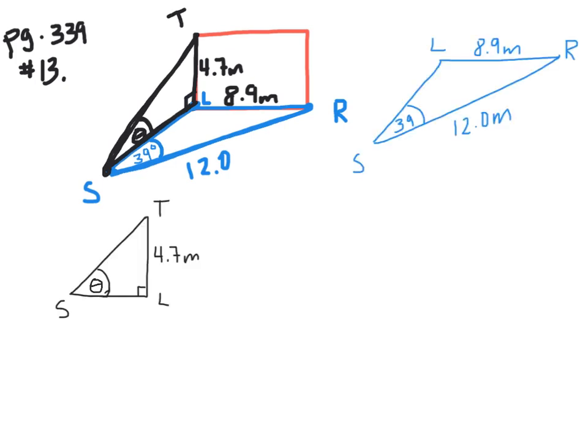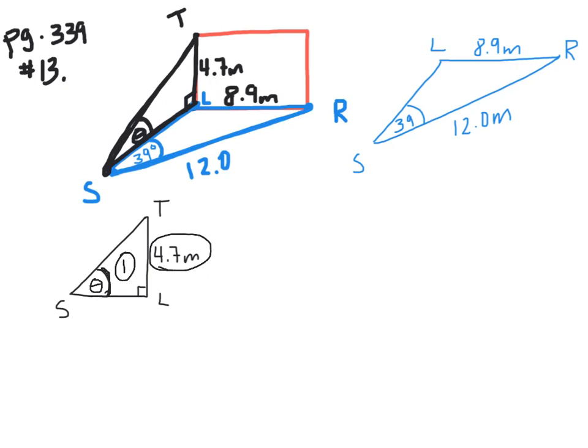So I've decided to break up both triangles here. If you take a look at the black triangle first, it's a 90-degree triangle, and they're giving us that this is 4.7 meters. But it is impossible to find theta unless we're given another measurement.